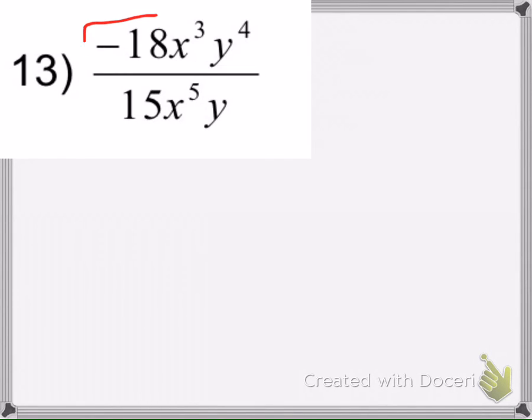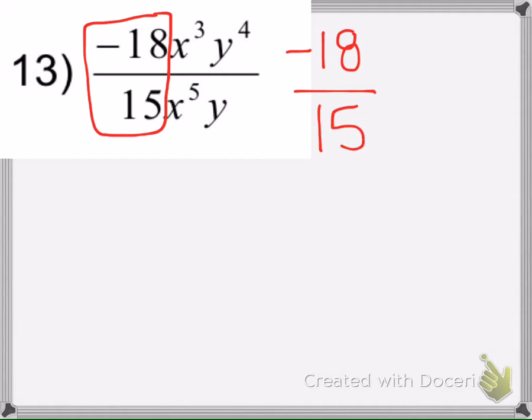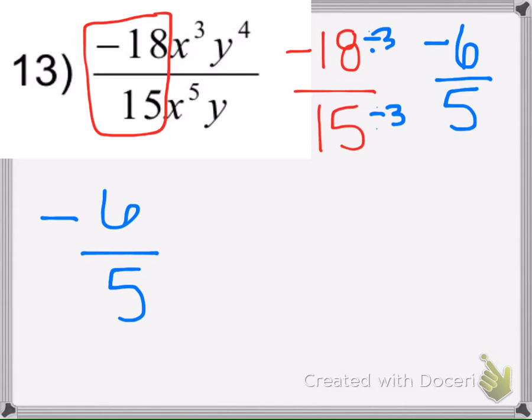Okay, so we're going to simplify the coefficients. So 3 can divide both of these. And then we have the bases are the same, so we subtract the exponents.